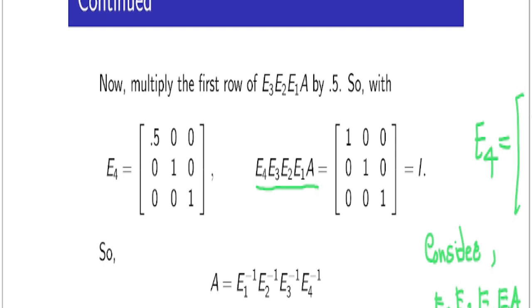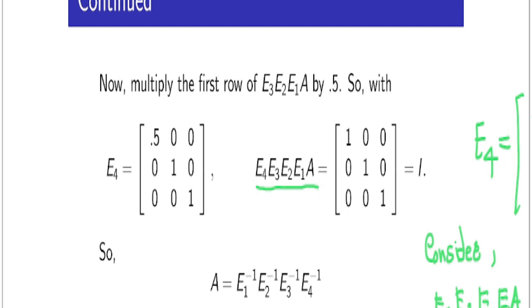Therefore, A is equal to the product of the inverse elementary matrices, E1 inverse into E2 inverse into E3 inverse into E4 inverse. This is the proof of our problem.